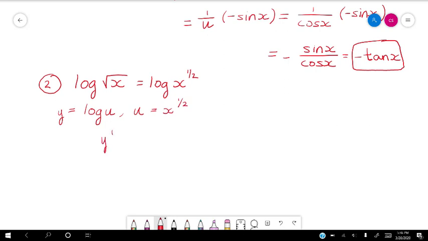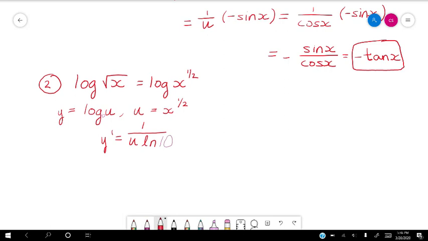Okay, so then y prime, we're going to take the derivative of the outside function. So the derivative of the log of u is 1 over u times the natural log of, what's the base again? Invisible base is base 10. Okay, so there you go.